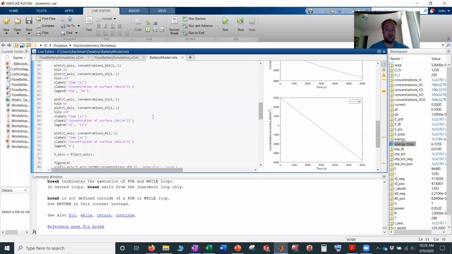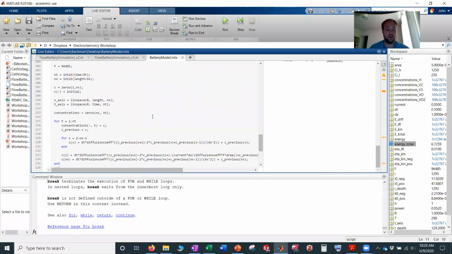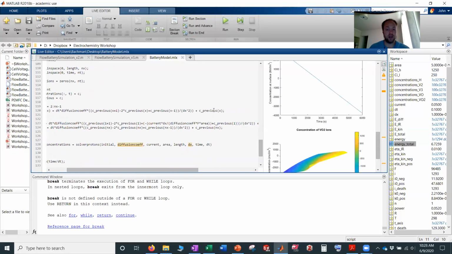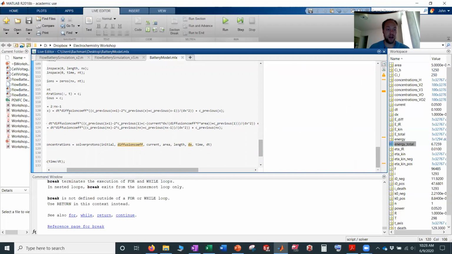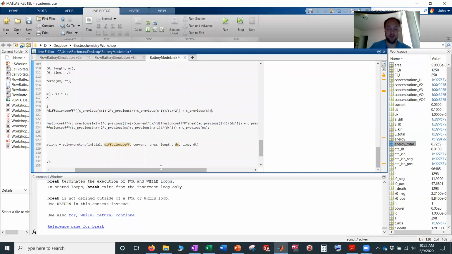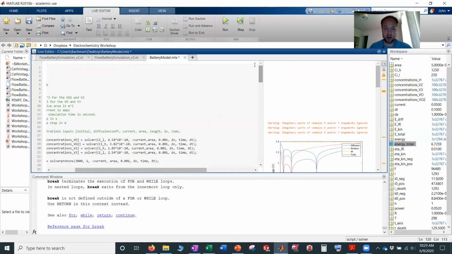So I'm going to come in here. And so for this line of code, basically, we need to add a source term to the concentration. This source term is going to be times the velocity, right? So we might say like V max. So I'll put in a V max up here.